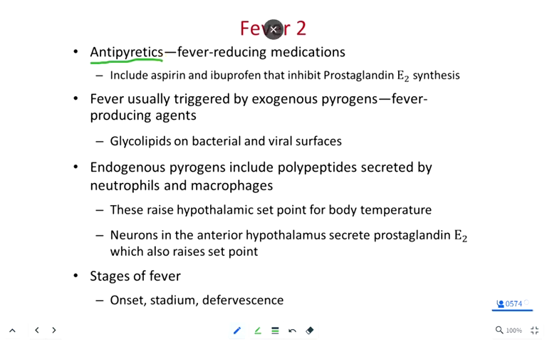Now, when we think of the fever state, the most common way we initiate the fever state is when we look at an exogenous pyrogen, or some kind of molecule from outside of our body that induces fever. A pyrogen is any molecule that induces the fever state, or any molecule that elevates our baseline body temperature.